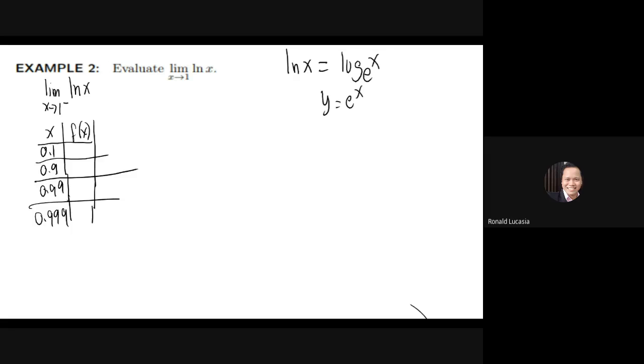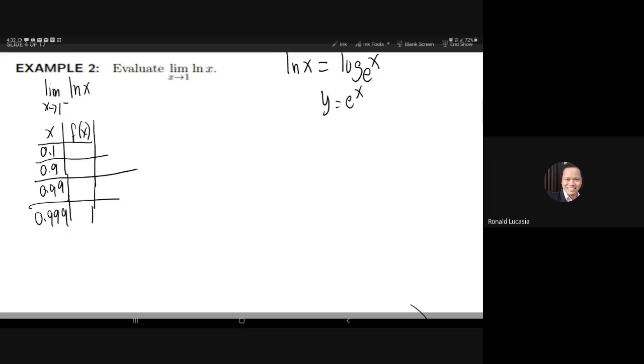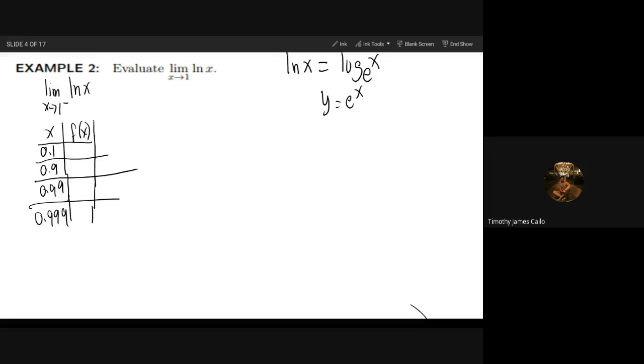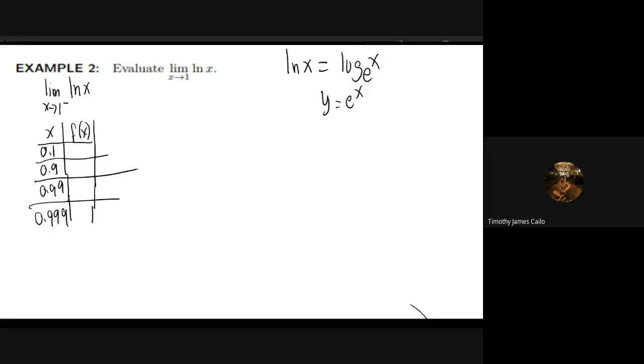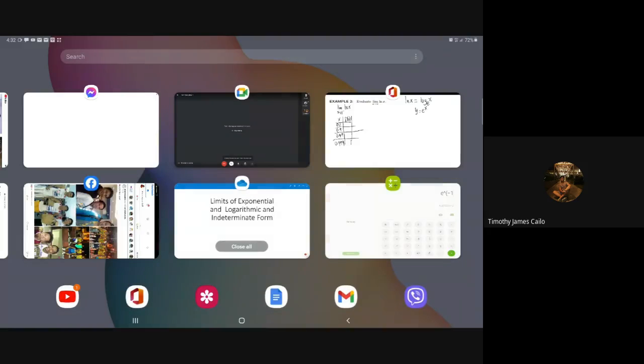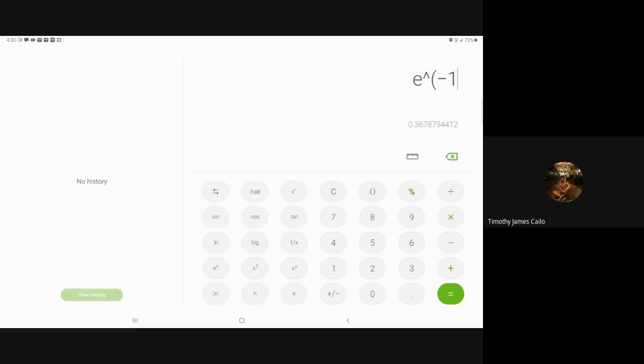Do I need to show in the calculator what's ln? Sir, how do you solve it on the calculator? There's an ln here.